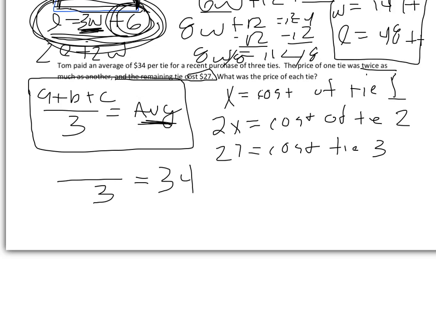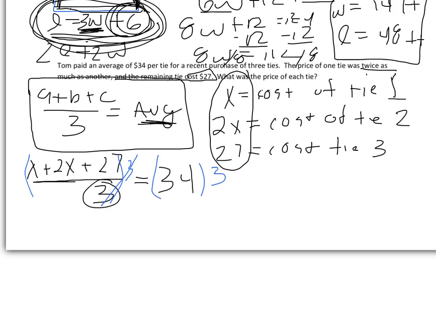If we're trying to find the average of these costs, we add these things together and then divide by 3. So we have x plus 2x plus 27, all divided by 3, equals 34. We need to get rid of the 3. Because we're dividing by 3, we multiply both sides by 3.